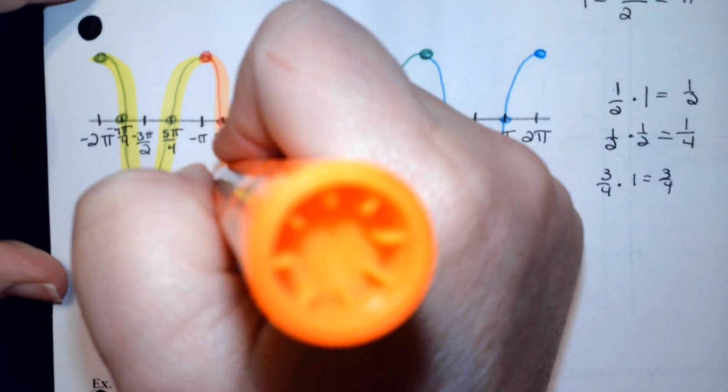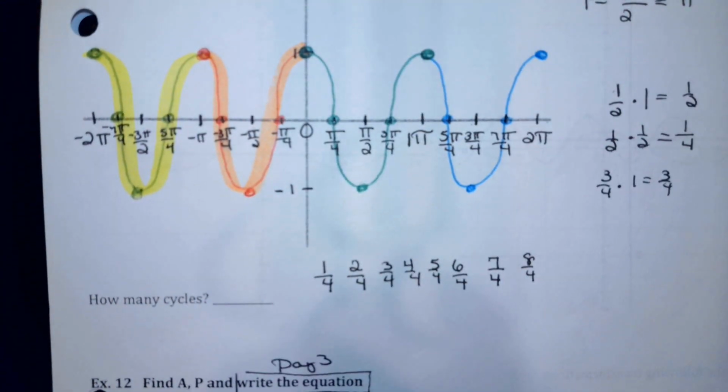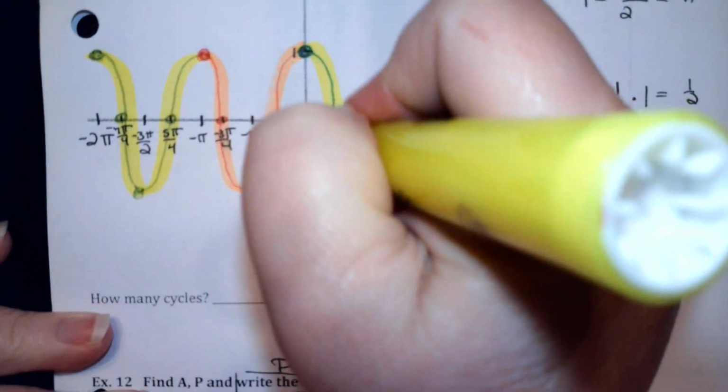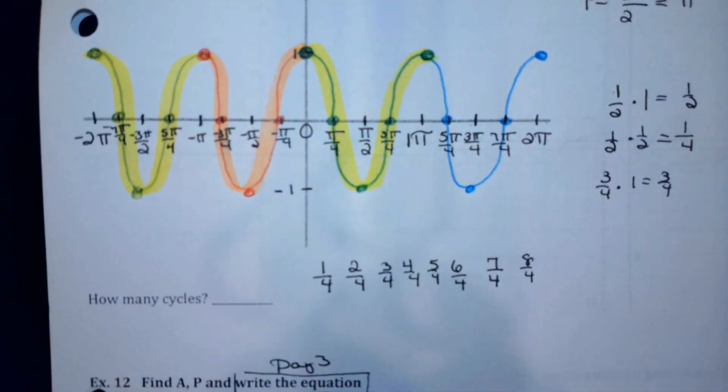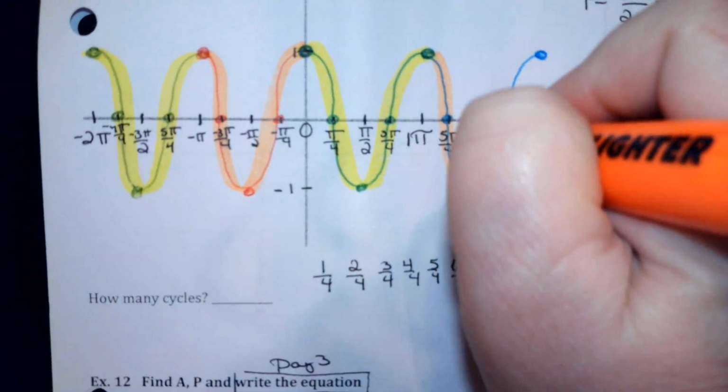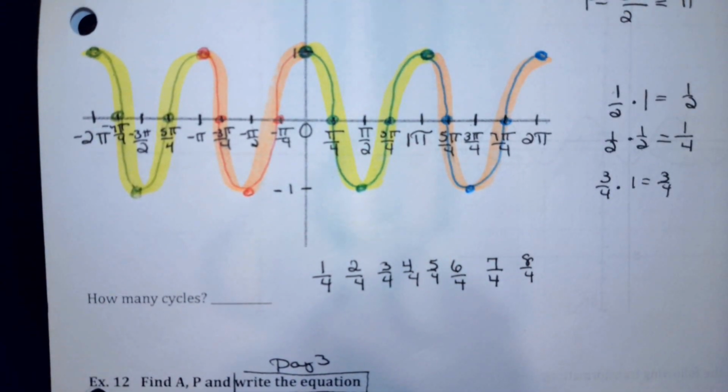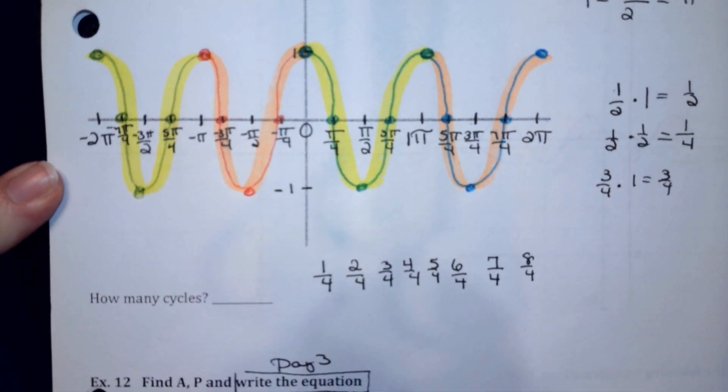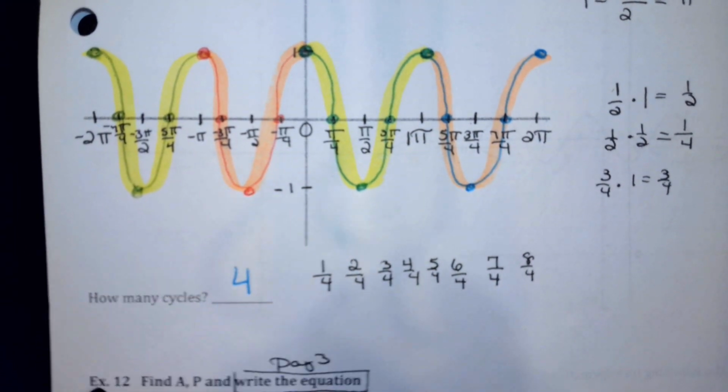Here's the giant curve, so that's another cycle. Here's the giant curve, so that's another cycle. And here's the giant curve, so that's one more cycle. So how many cycles did we just graph from negative 2 pi to 2 pi? And that would be 4 cycles.